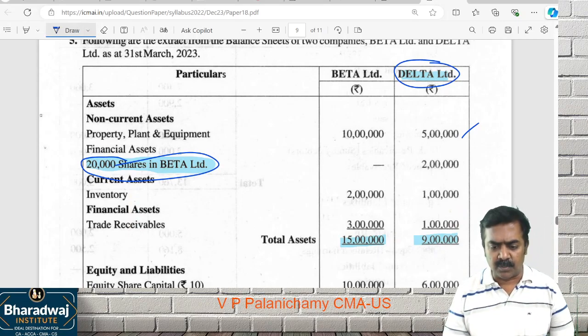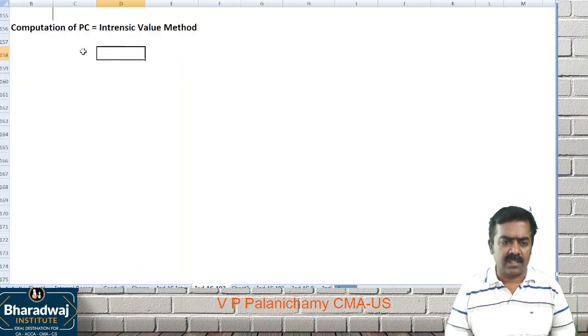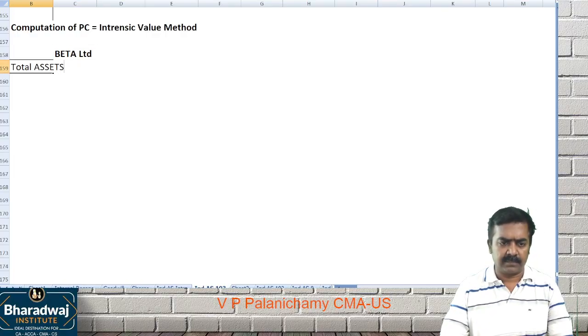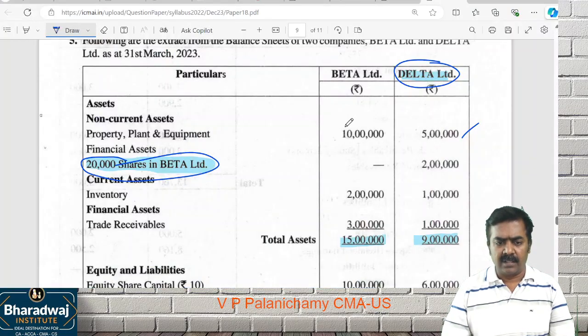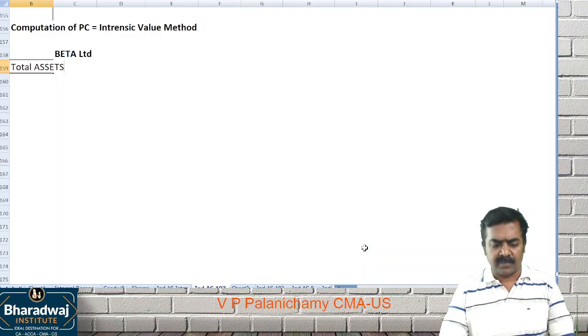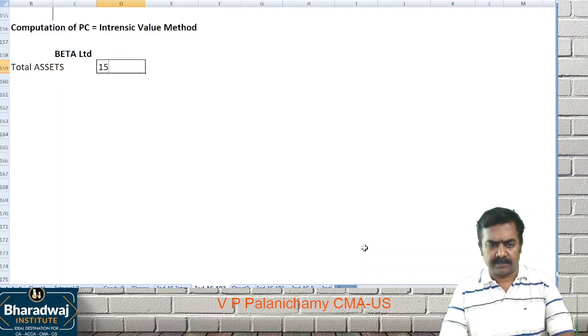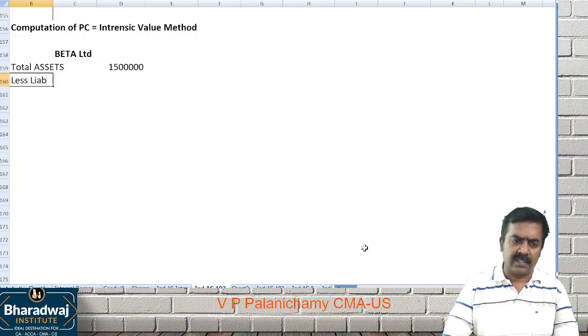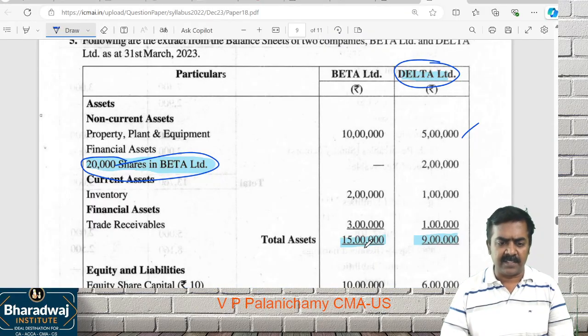So first, let us work out the value for Beta Limited. Tell me the total assets. For Beta Limited, PPE, inventory, trade receivables total is 15 lakhs. Less liabilities.